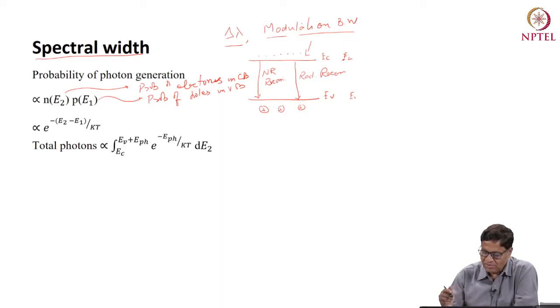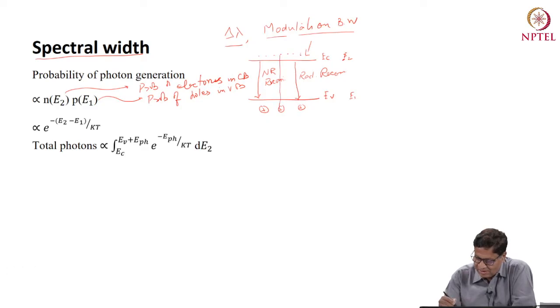And for the total photons, I'm assuming that all the electron hole pairs are combining radiatively and emitting photons. Basically this will be an integration, because this electron may combine with this hole, or for example this electron may combine with a different hole. Similarly, there are other holes also.